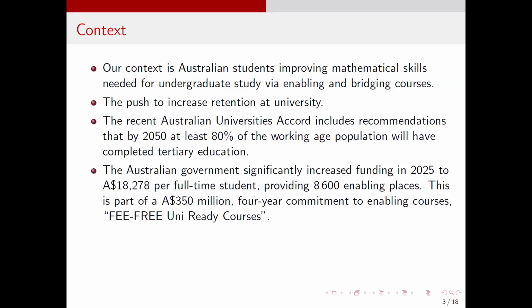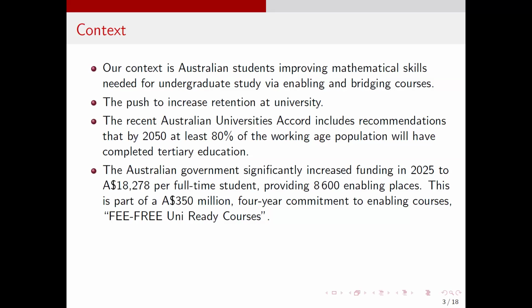Now, the government, through the Australian Universities Accord, which I think came out in February last year, includes recommendations that by 2050, at least 80% of the working age population will have completed tertiary education. That does not mean university. It can be other things. They can leave with being a motor mechanic or a hairdresser or whatever, but 80%.